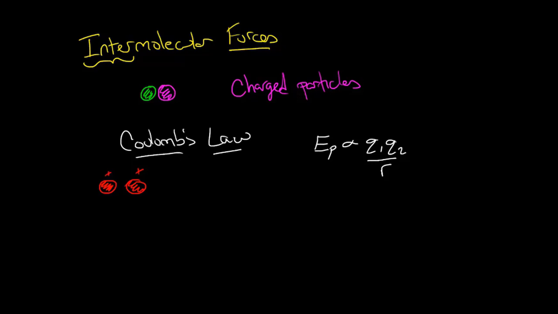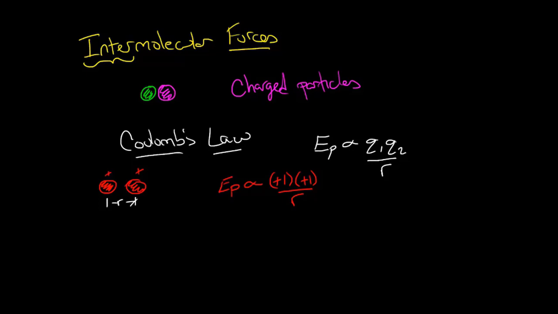According to Coulomb's law, this potential energy should be proportional to +1, the charge on the first particle, times +1, the charge on the second particle, divided by the distance between them, which is the distance from the center to the center.